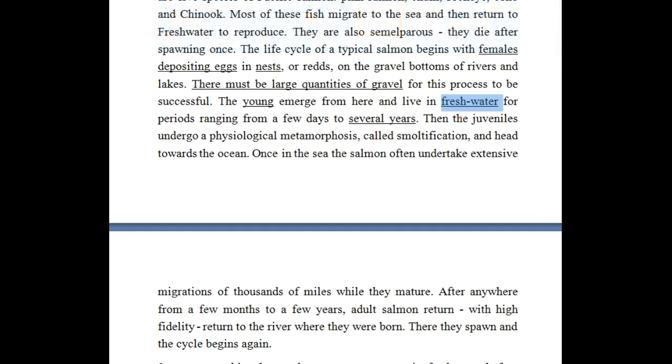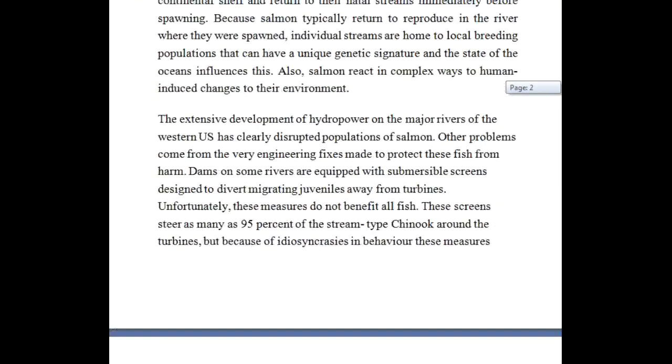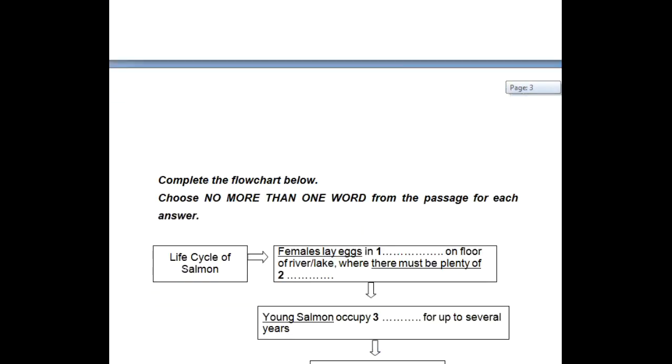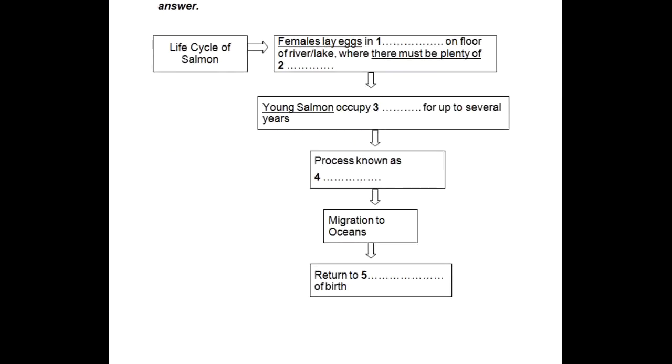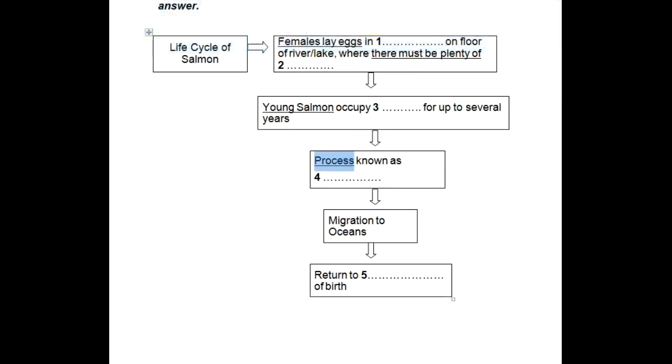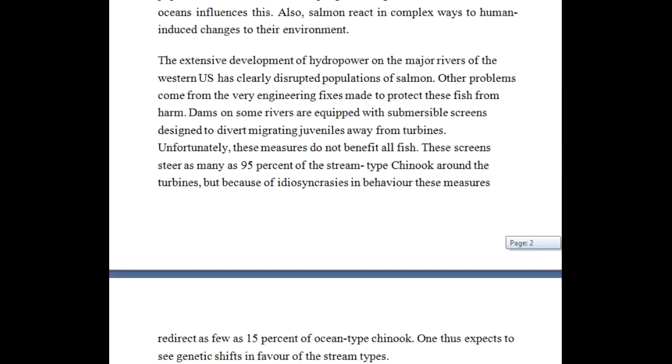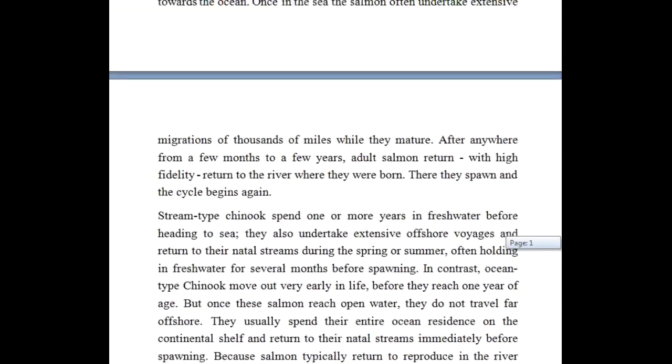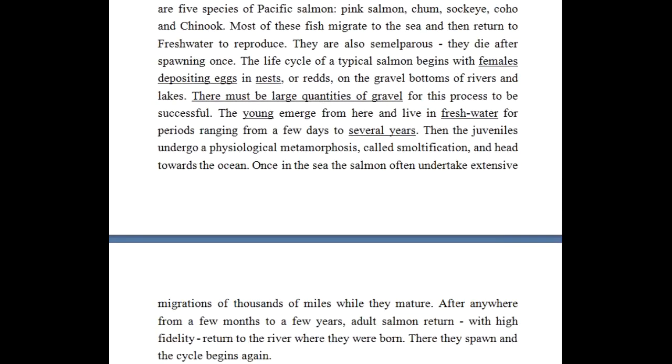Right. Now let's find the keyword of the next question type. The next question type is process. Means this entire process known as what? So I have to find out the name of the process, right? Name of the process. Okay. Let's go back and try to find out the name of the process.